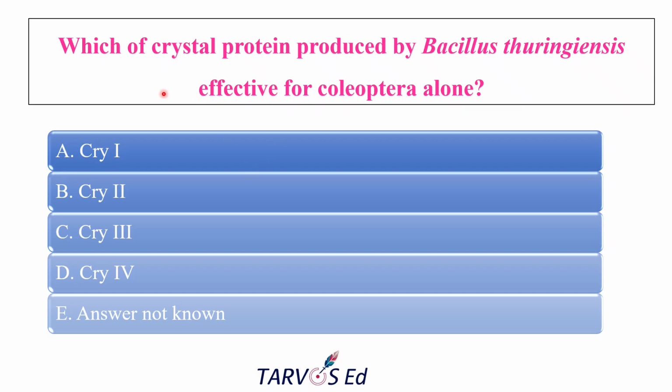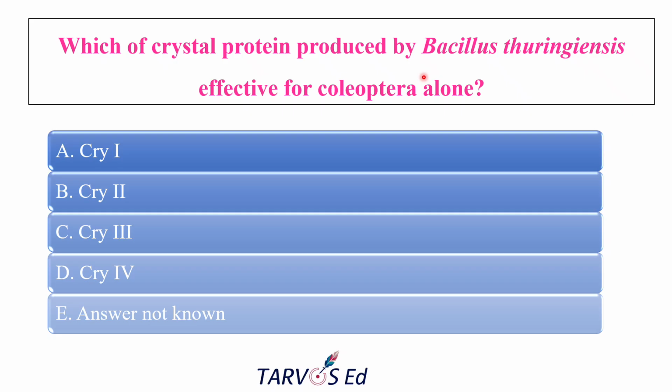The next question is, which crystal protein produced by the soil bacterium Bacillus thuringiensis is effective against coleopteran pests? You may know about Bt crops, right? In those crops, this particular gene is inserted, so that is one of the transgenic crops.